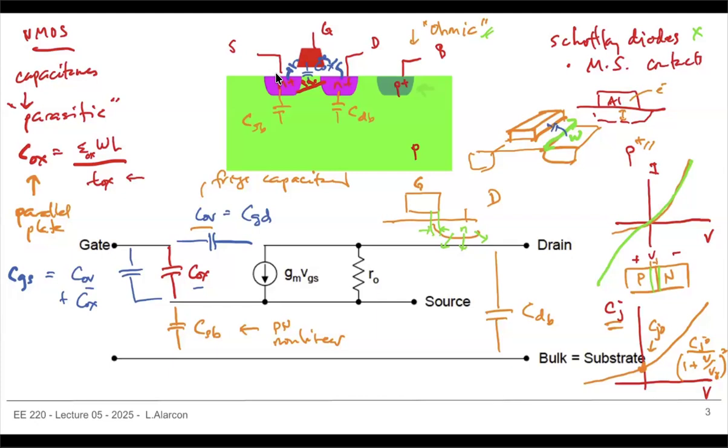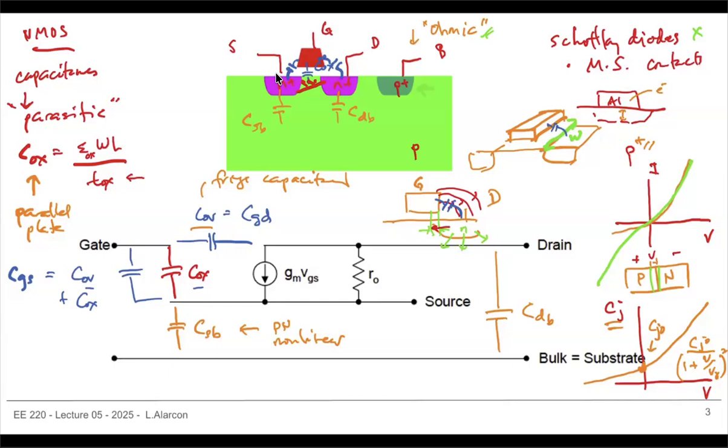Then that encroaches underneath the gate, and that gives you some capacitance, plus the fringe electric field going this way gets you our overlap capacitance over there. So that gets you a good idea, at least to first order, of what the capacitances involved are.